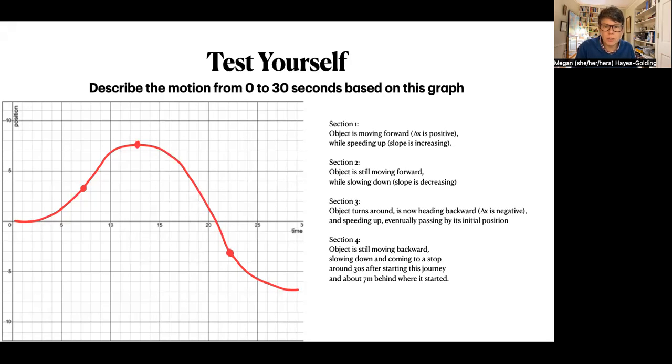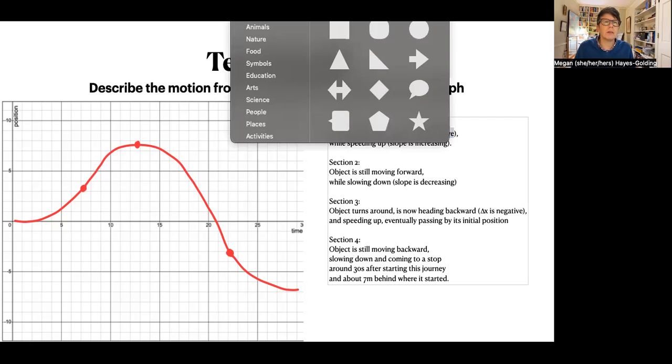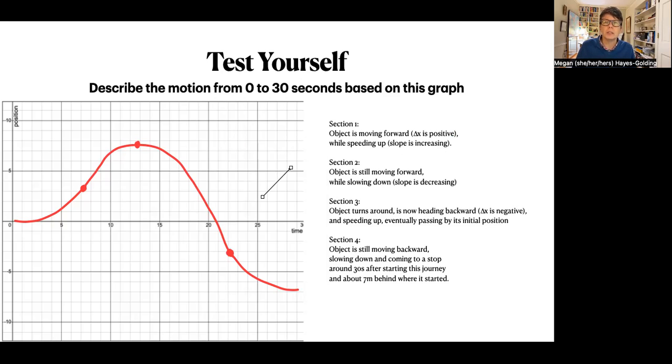And here now is the solution set for this particular test yourself challenge. There are 4 segments of the journey. You'll notice as evidence, whenever I talk about moving forward or backwards, I'm looking at delta X, change in position. Now, I didn't highlight that on this graph terribly well, so let me do that now.